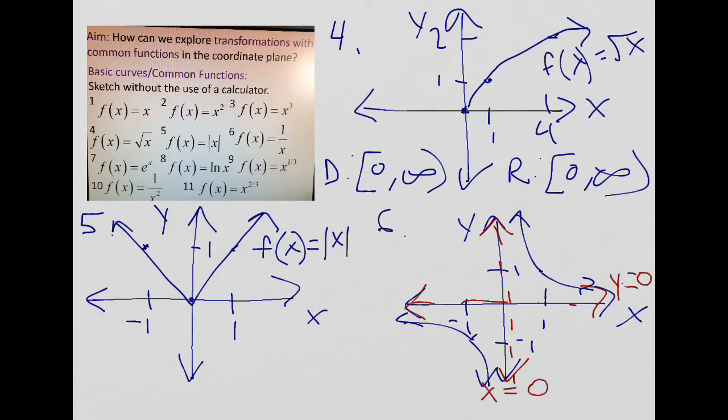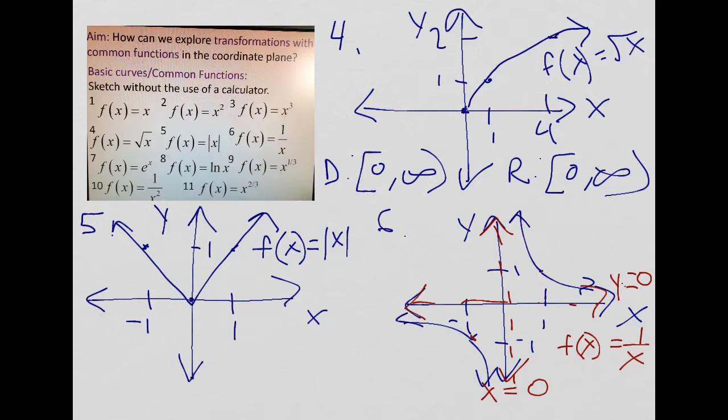Okay, this is f of x equals 1 over x. It has a horizontal asymptote at y equals 0, and it has a vertical asymptote at x equals 0. And so that's why you only need these 2 points plotted, because I have the dotted or dashed lines for asymptotes.